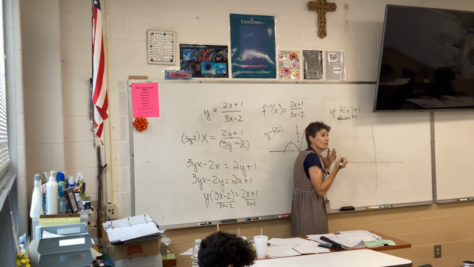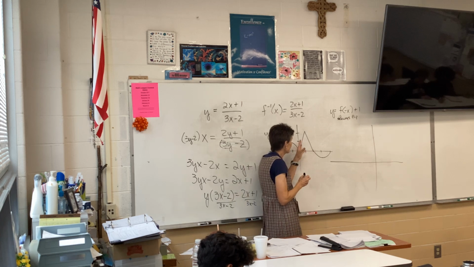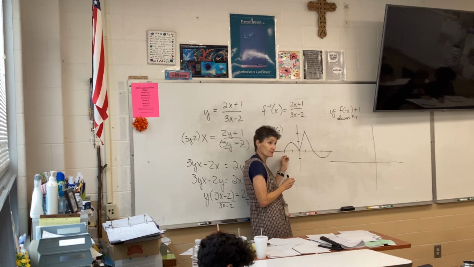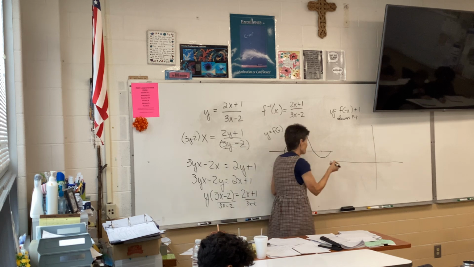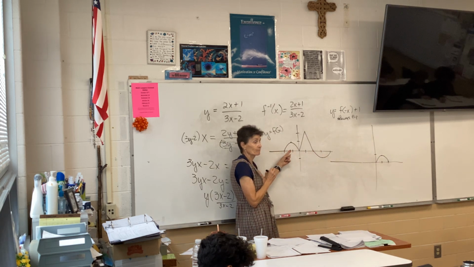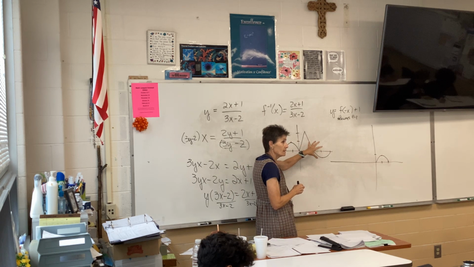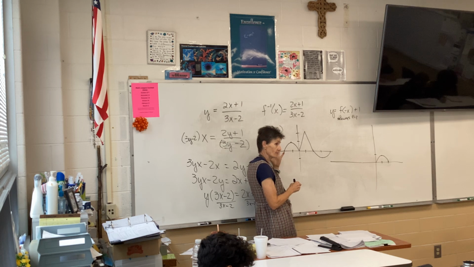Now, I'm just going to go ahead and do that right off the bat. So what does that mean? That means that this stuff that's on the left is now going to be on the right. So I'm going to have this little semicircle over here on the right. There it is. And then this stuff is coming to the left.